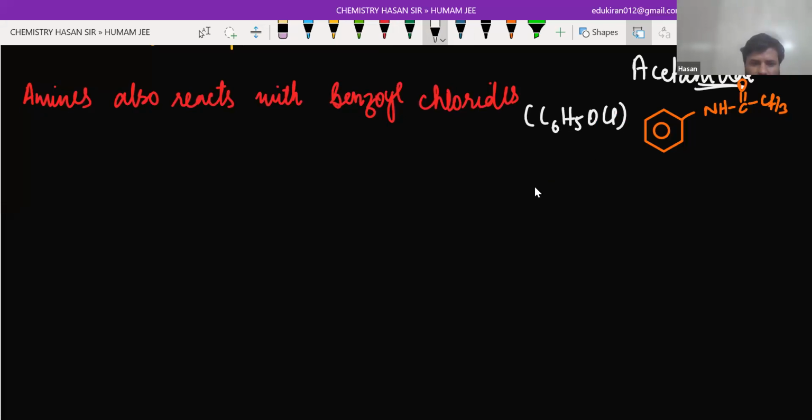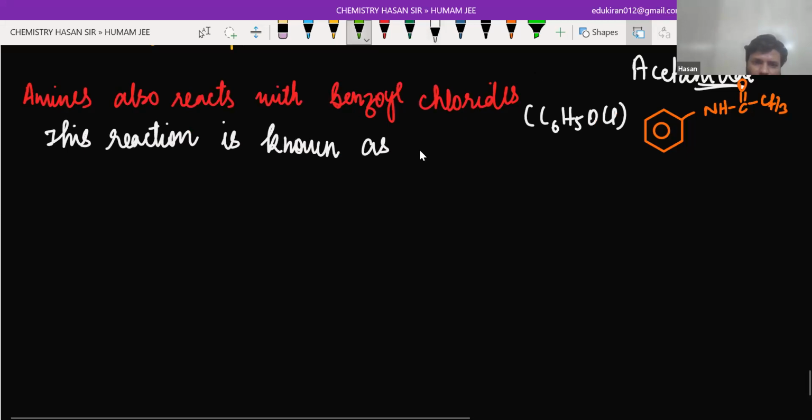This is a common name for benzoyl chloride. And this reaction is known as benzoylation.